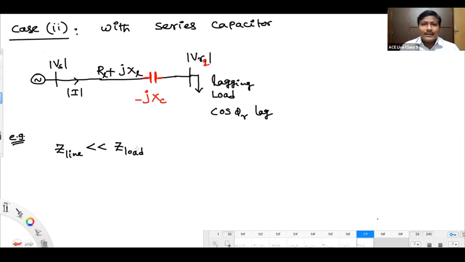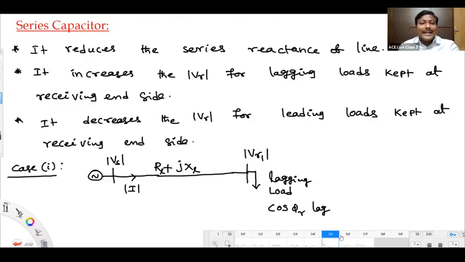Even though you are adding that series capacitor, there is a change in the line impedance only, a small change, but the overall impedance of the circuit is commanded by whom? Load impedance only. As the load was not changed, the overall impedance will be more or less the same. So the current flow in the line will be almost the same as the case 1 value.